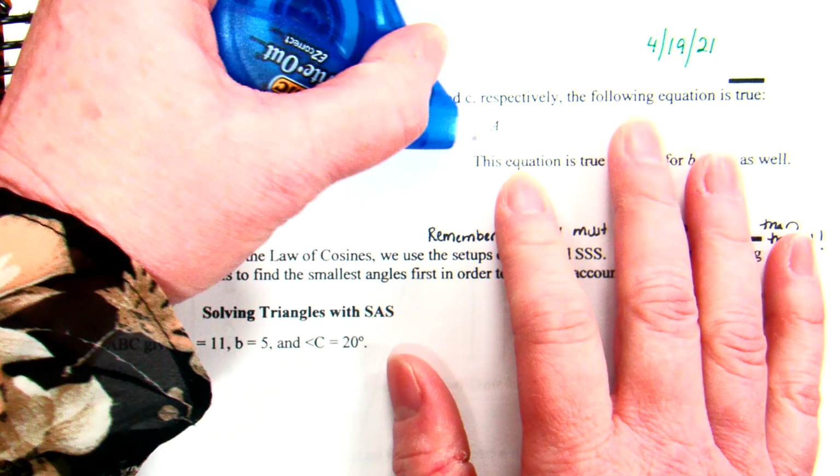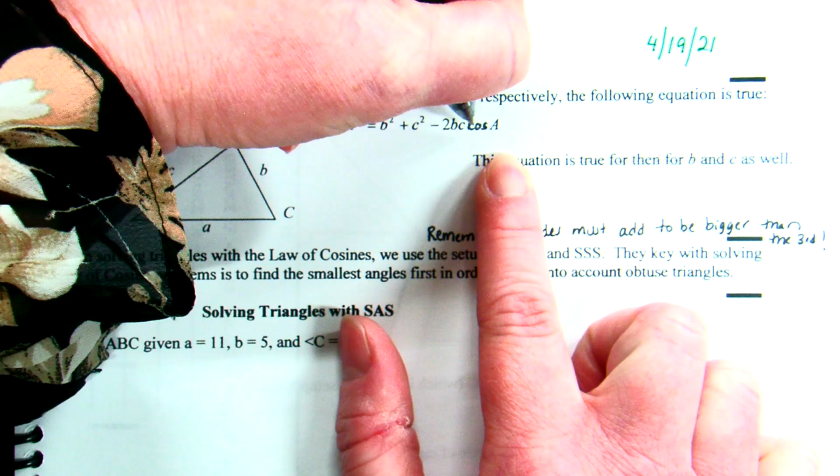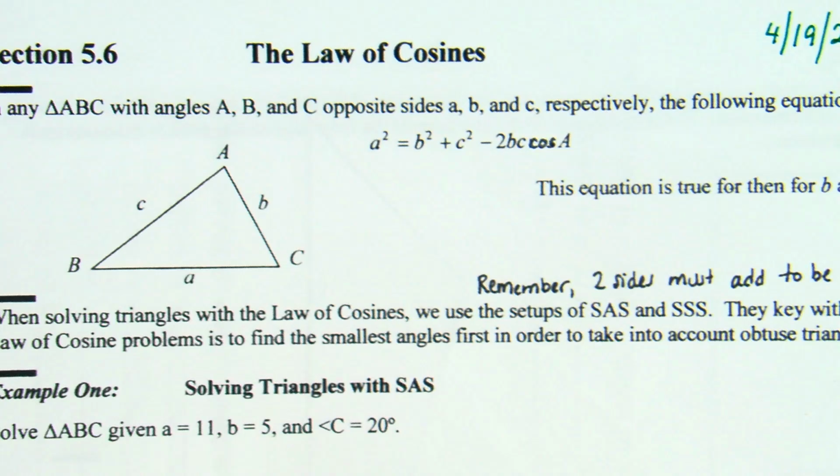Okay, so first of all, this is the law of cosines. If it's the law of cosines, you would expect to see cosine. I'm going to zoom in because I want everyone to be able to see that.